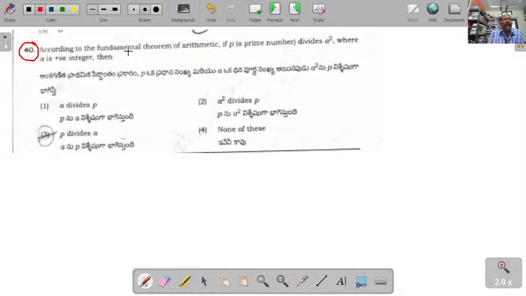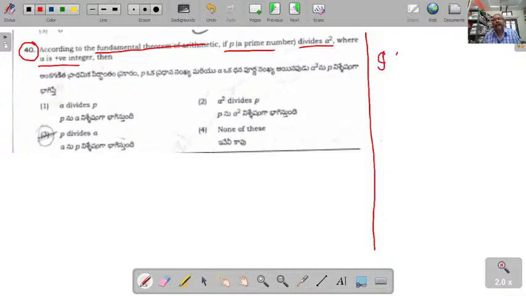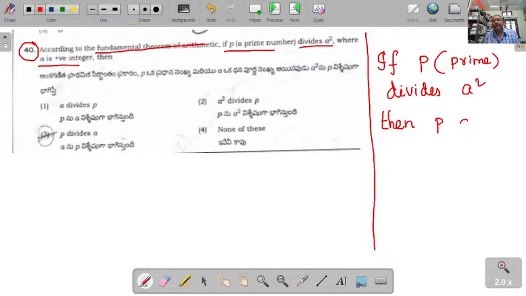See, according to the fundamental theorem of arithmetic, if P is a prime number and it divides A square, where A is a positive number, then, so we have one theorem. Let me write that theorem. If P is a prime number that divides A square, then obviously P also divides A. So this theorem you need to remember.